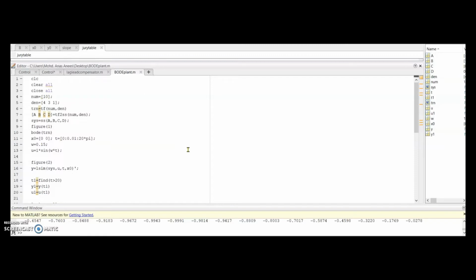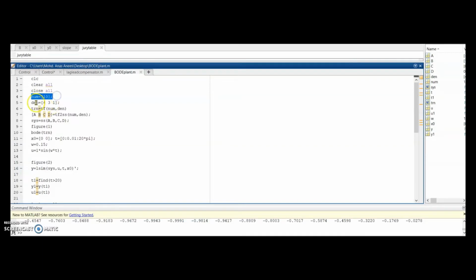So we do not have a practical system with us, so we are simulating that in MATLAB, and this is one example of how to do that. Let us say we have our system with numerator matrix 10 and denominator matrix 4, 3, 1. We have discussed in detail what these numerator and denominator matrices are in our previous experiments.